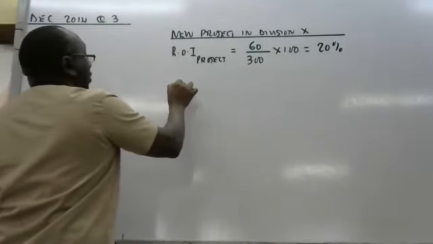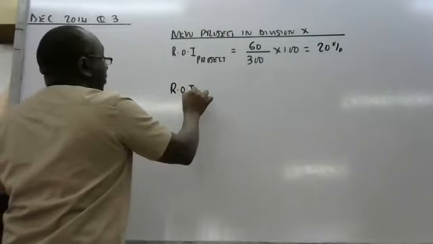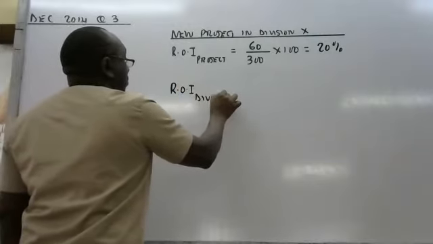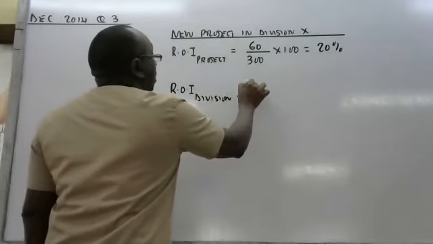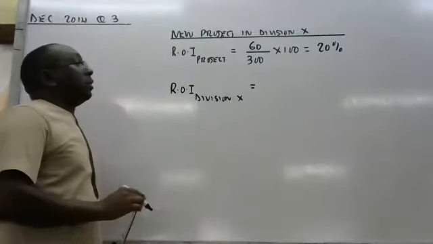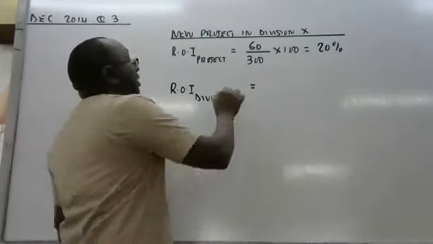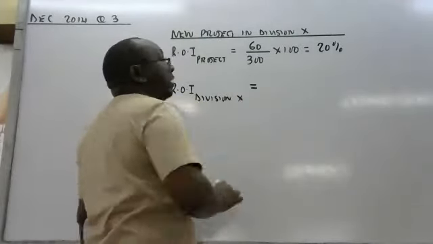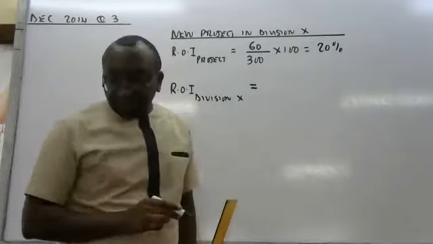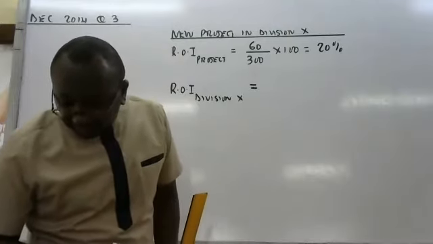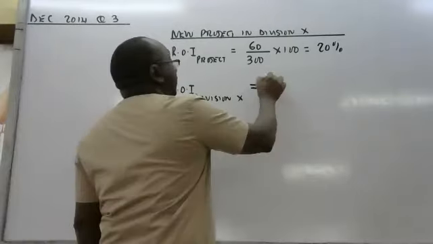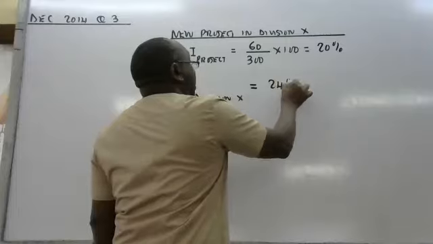Then you also need to bring the return on investment of division X, which we had computed as 24%.